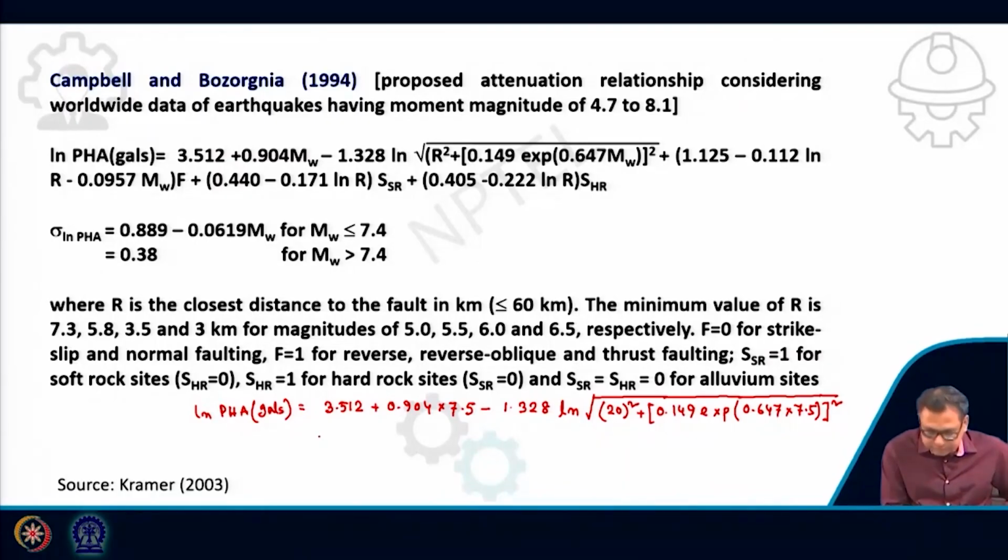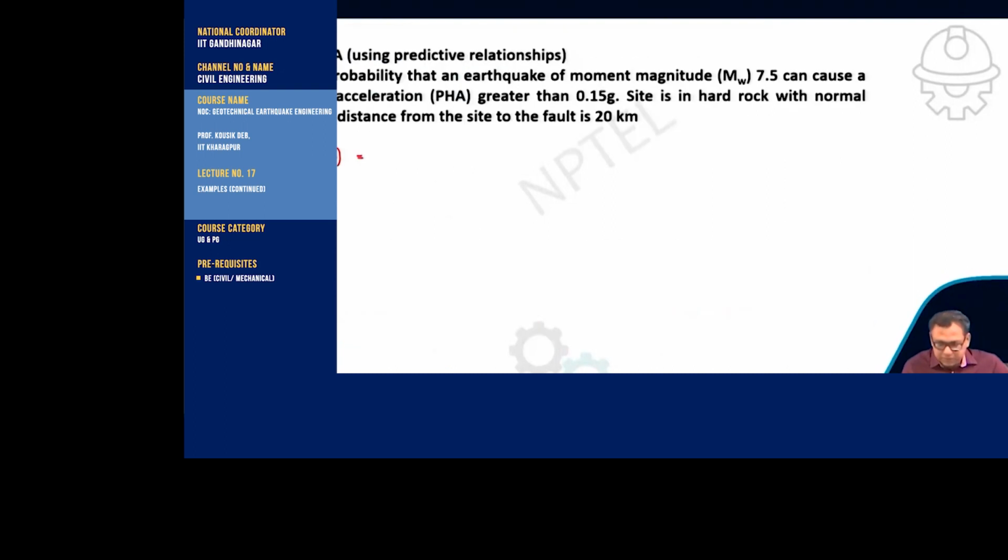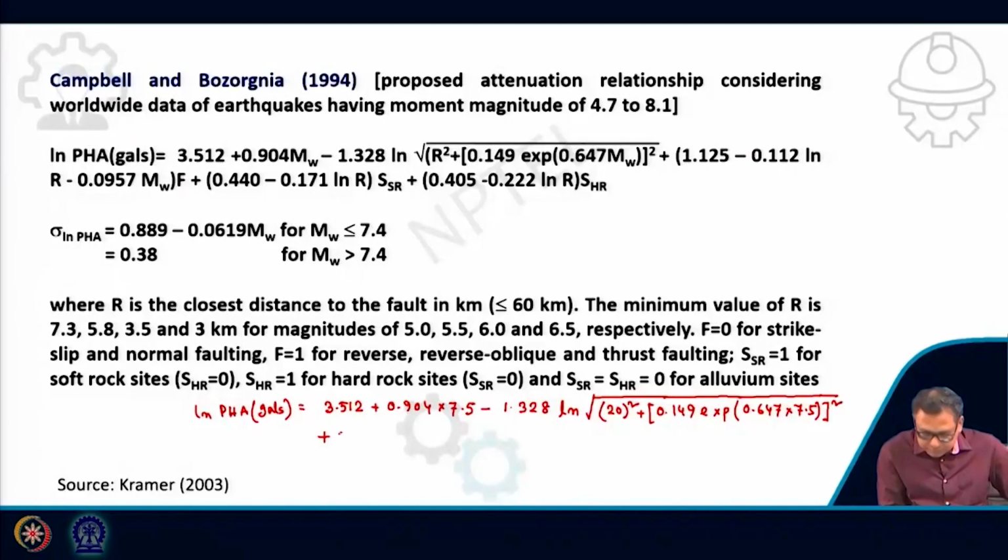Then plus, what would be your f value? The f is equal to 0 for strike slip and normal fault. So which type of fault is given here? It is a normal fault. Okay, so f will be 0. So this part is 0.